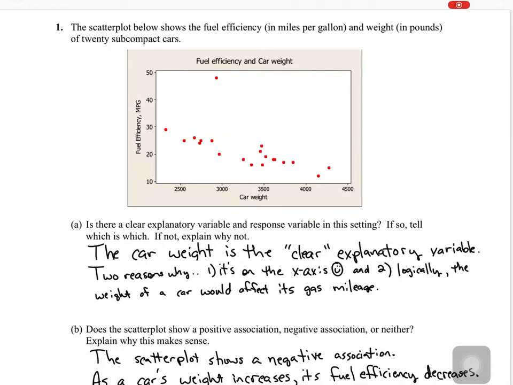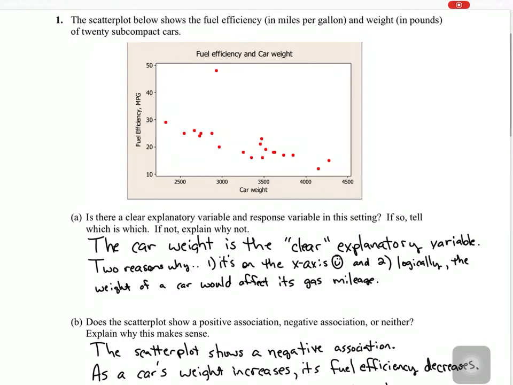So looking at number one, A, is there a clear explanatory variable and response variable in this setting? And the answer is yes. The car weight is the clear explanatory variable. And I didn't write this down, but that would make the fuel efficiency the clear response variable. And two reasons.